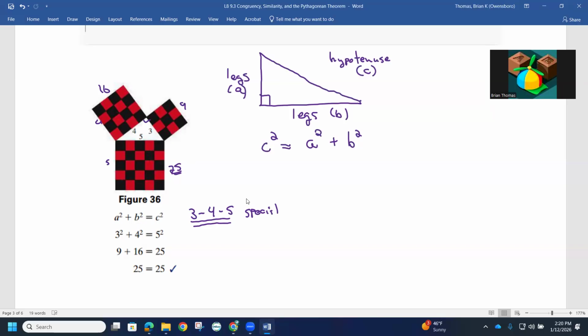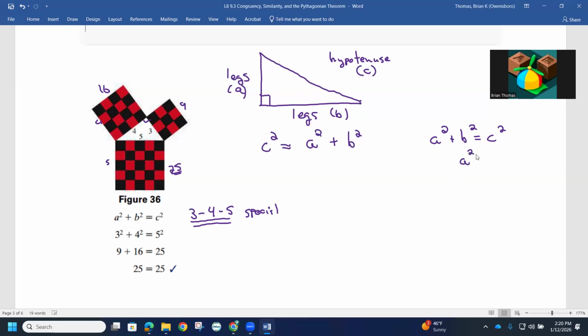If it's not that, though, then we may have to do a little bit of math. So we can write the formula as a squared plus b squared equals c squared, or as c squared equals a squared plus b squared. Those are two ways of writing it. But notice how if I write it as a squared plus b squared is equal to c squared, you can also solve for a squared by subtracting b squared.